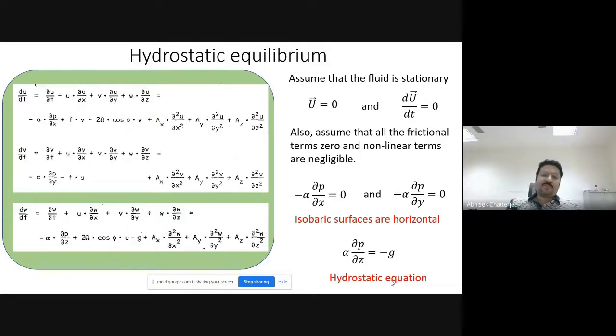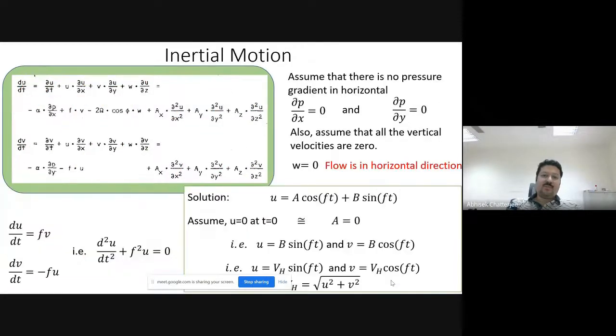Okay, so we got the hydrostatic equilibrium, and we found that it is a very good approximation. If the ocean is at rest, we actually get the same thing which we already know from static fluid dynamics. Okay, so that is done.